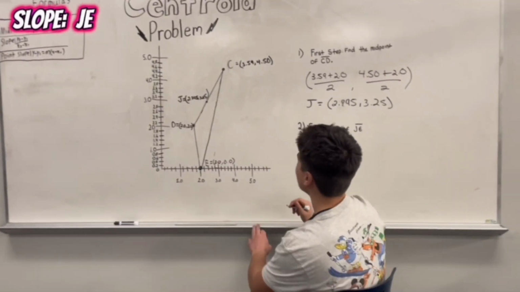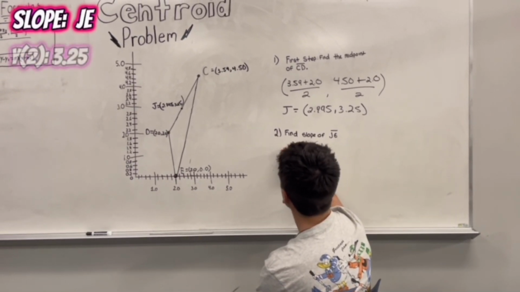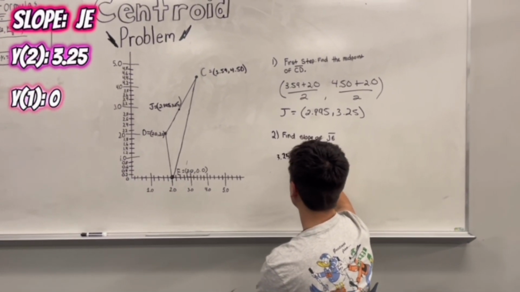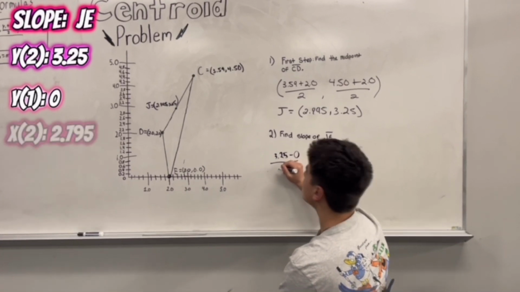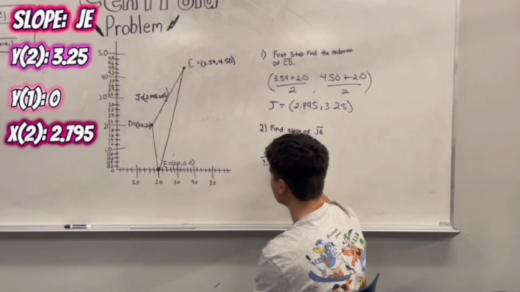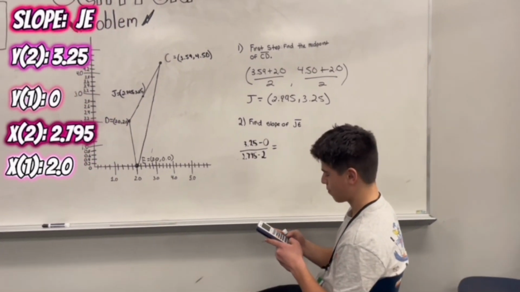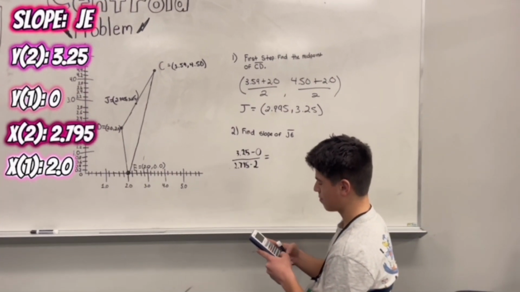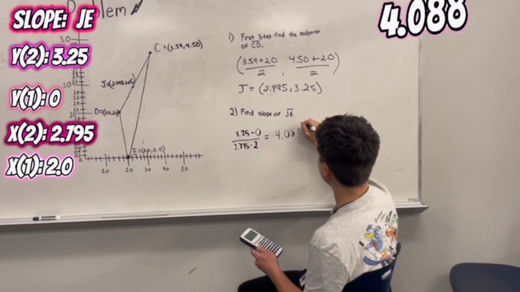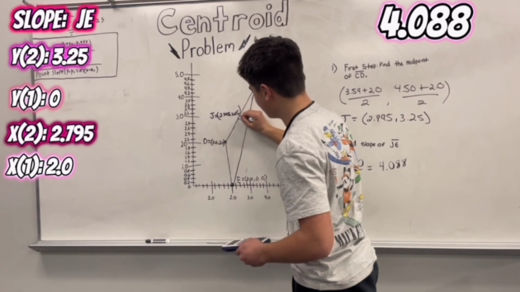And we do y2 minus y1, which would be 3.25 minus 0 over 2.795 minus 2, which will equal 4.088. And then you're just gonna draw your line from J to E right here.